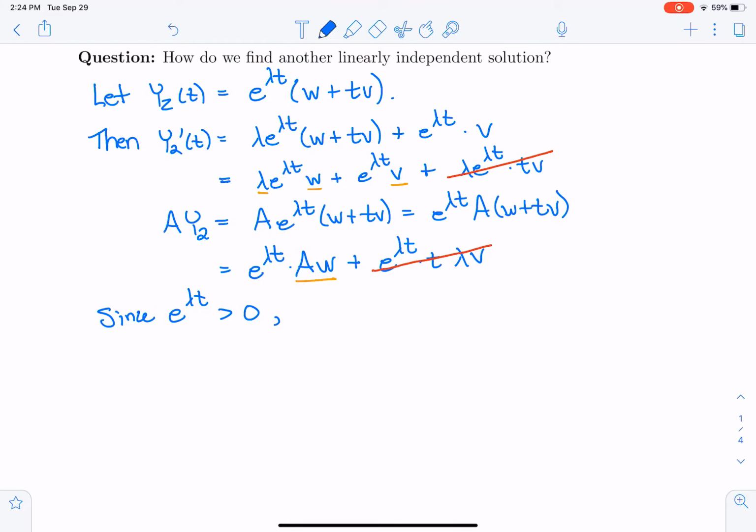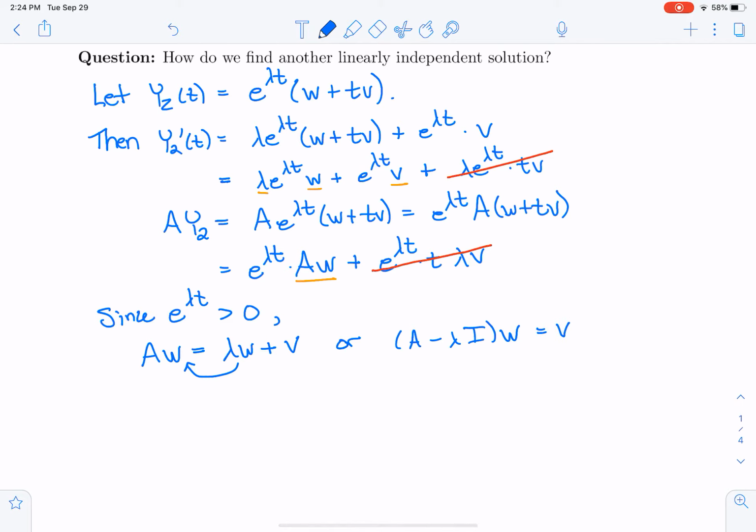Okay. So comparing what is left, we have a times w is equal to lambda w plus v. Another way that we can write that is we can look at that as being a minus lambda I times w. So here we're going to bring this over to the other side.